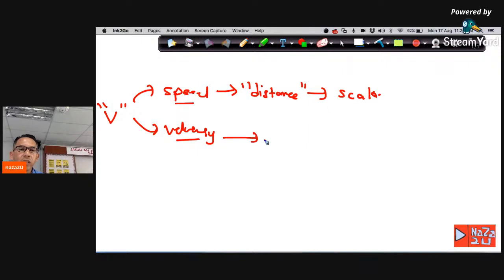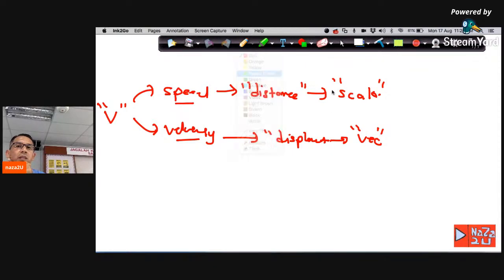And the velocity is focused on the displacement. Okay, this is a vector quantity. So this is scalar quantity, this is vector quantity. So meaning here, speed is a scalar quantity, also like distance, and velocity is displacement, a vector quantity.